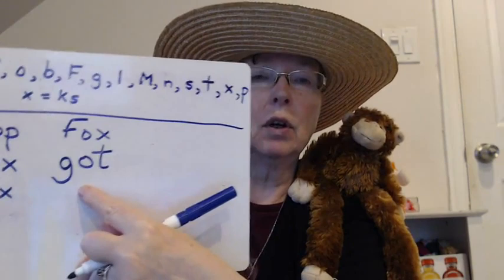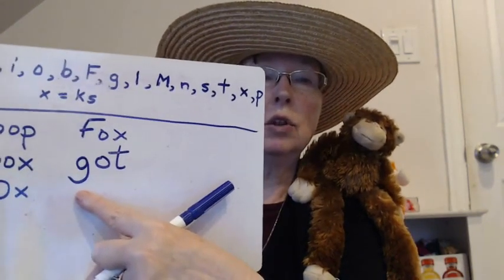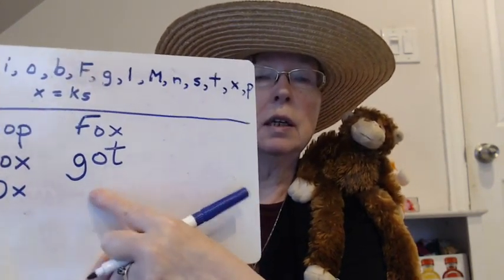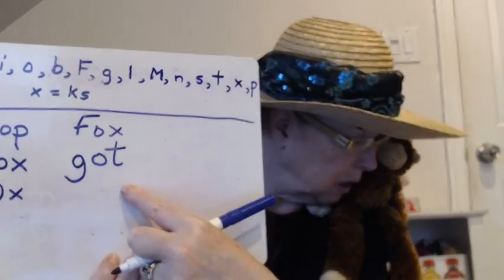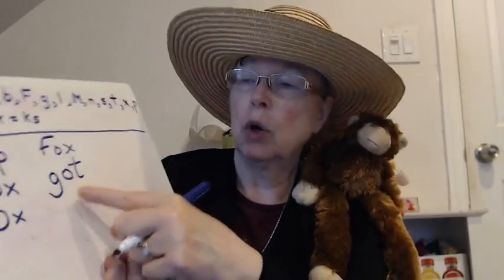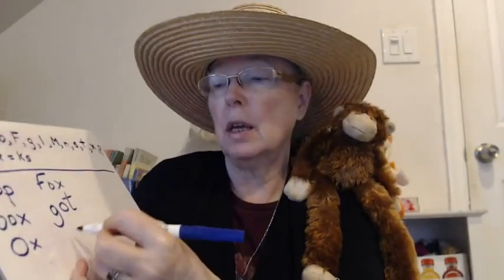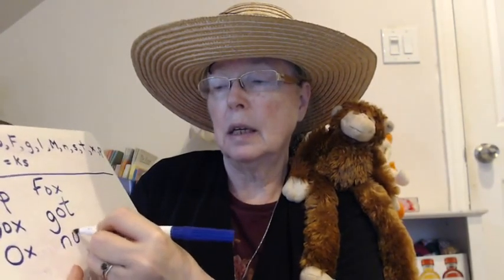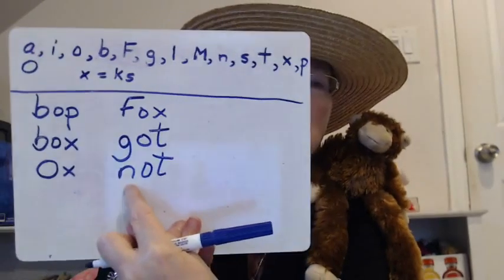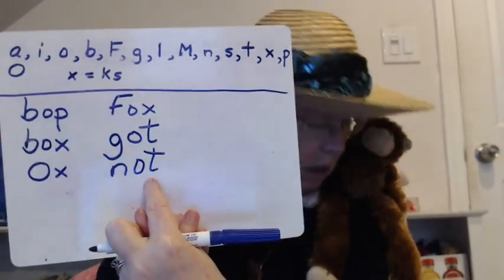And we're going to add a G in front of it. And G makes the sound of G. So this word is got. We're going to replace the G with an N. And now we're going to have the word not.